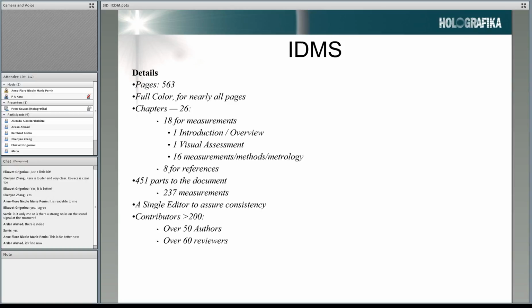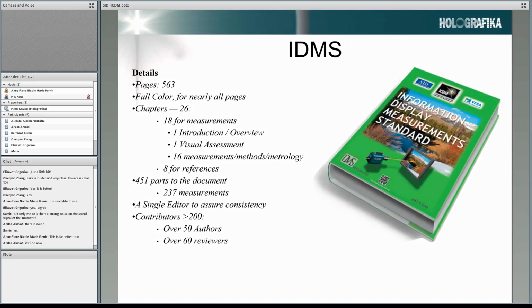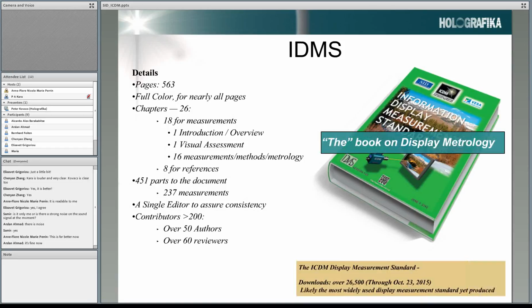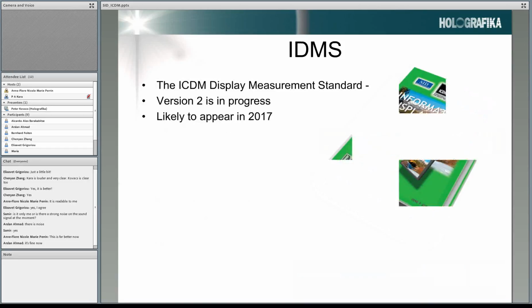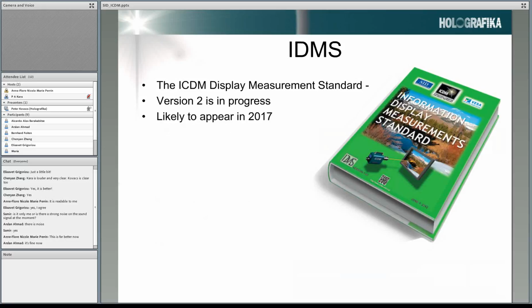And in total it contains 237 different measurements for obtaining different properties of displays. So the second version of this standard, which the group is currently working on, is likely to appear in 2017.